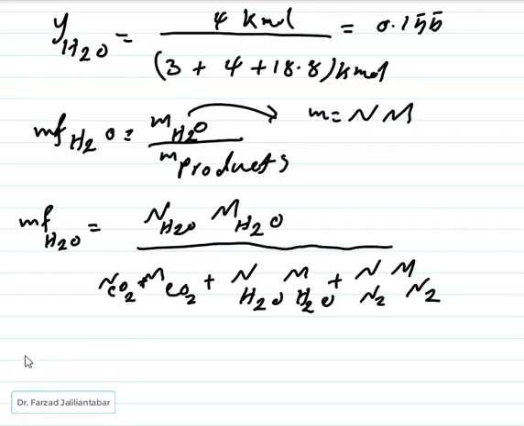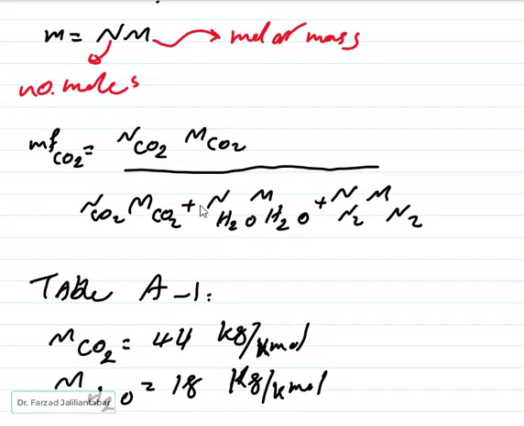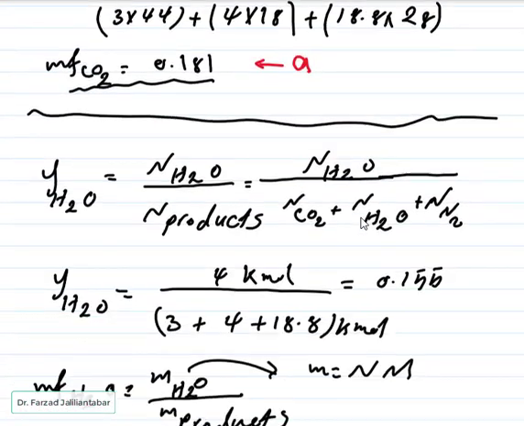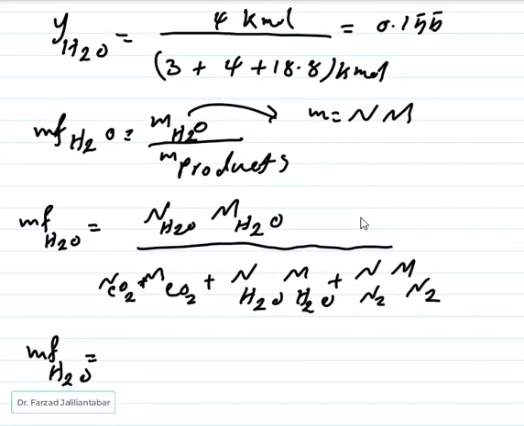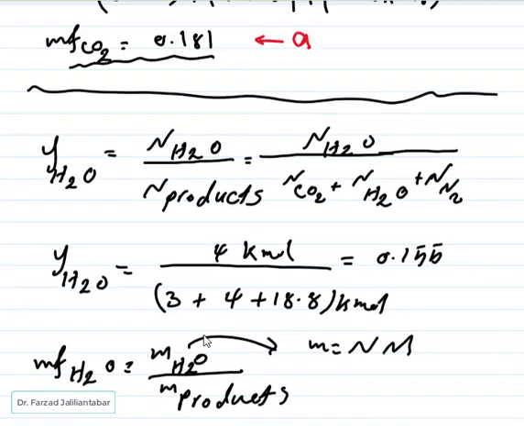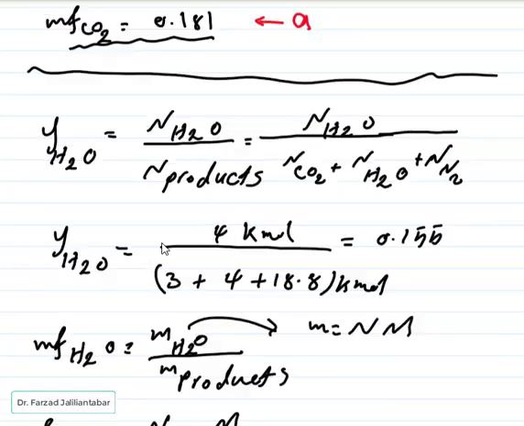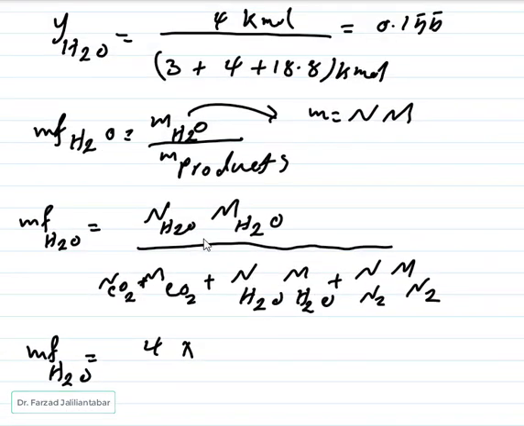For N of H2O we go to the balanced equation. Mole of H2O is 4, so just substitute. Its molar mass from table A1 is 18. We just substitute.